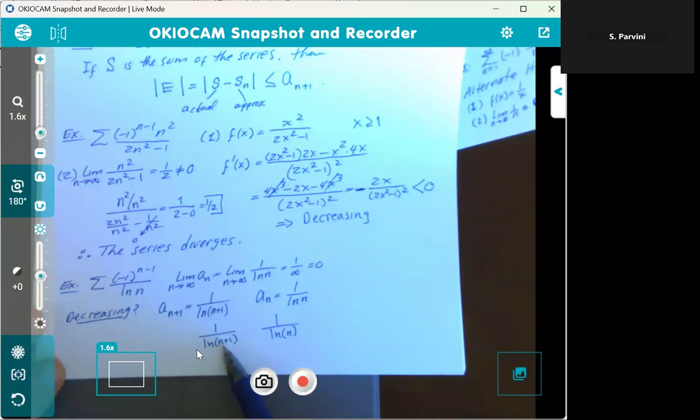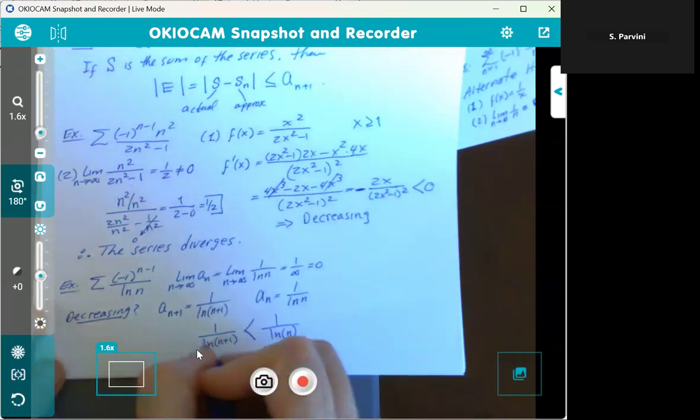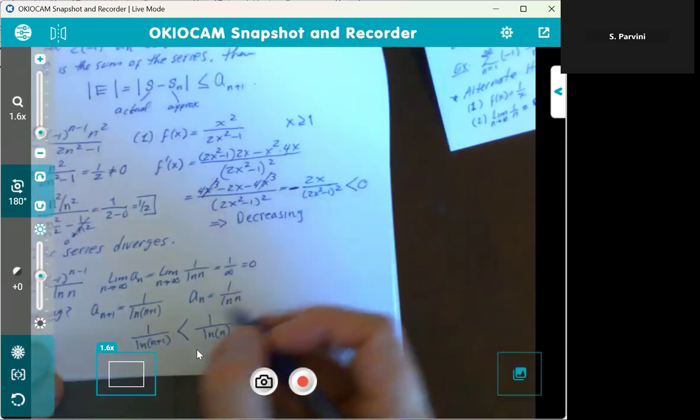Therefore, as the argument of log increases, so does the value of the log. In other words, albeit very small, ln of n plus 1 is larger than ln of n. And in a fraction, as the denominator gets bigger, the whole fraction gets smaller, correct? So we can actually say that the n plus first term is less than the nth term, right?